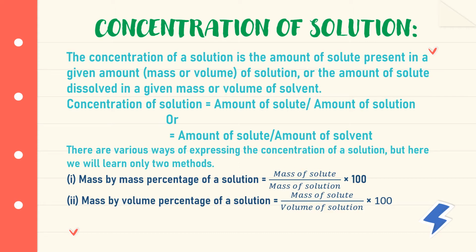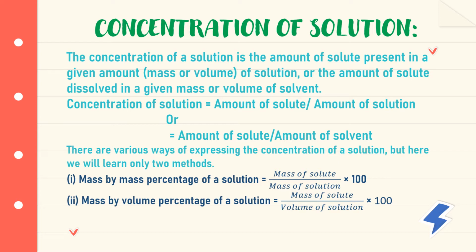In terms of mass by mass, the formula for calculating the concentration of the solution is mass of solute divided by mass of solution multiplied by 100. Again, in terms of mass by volume, the formula is concentration of solution equals mass of solute by volume of solution multiplied with 100.